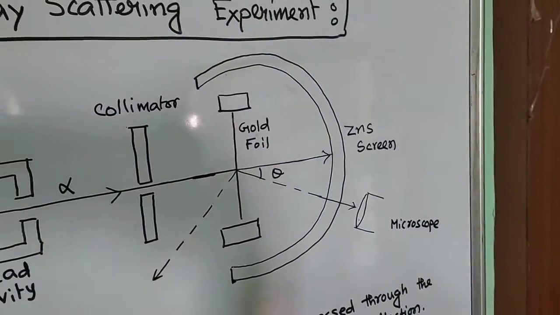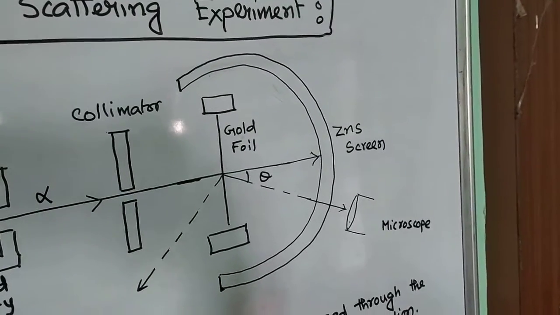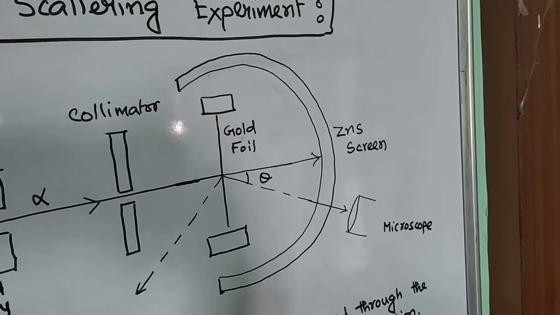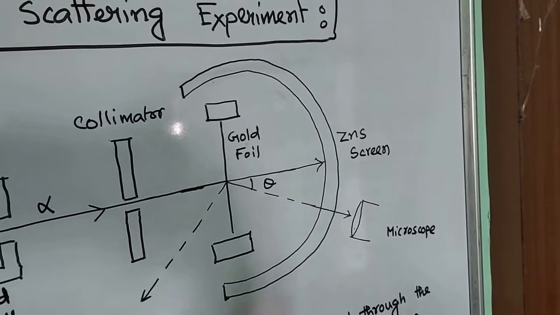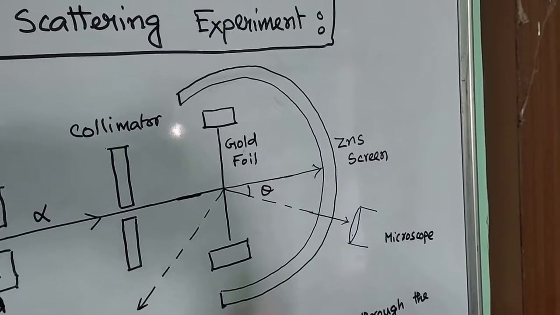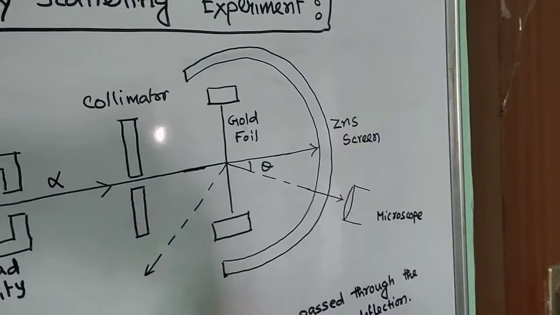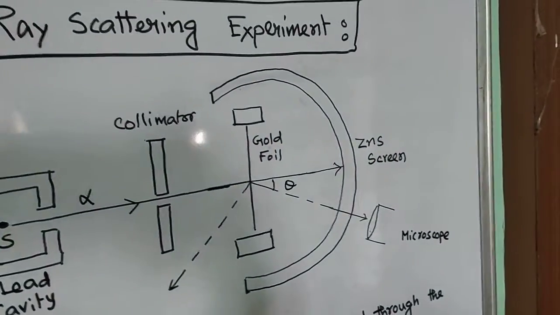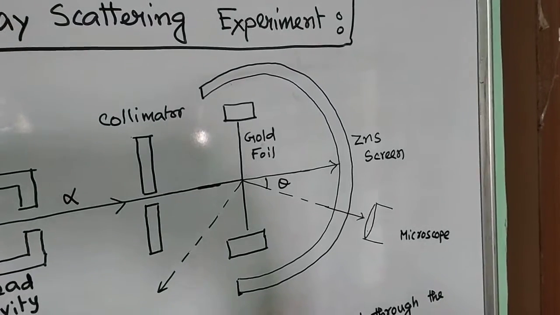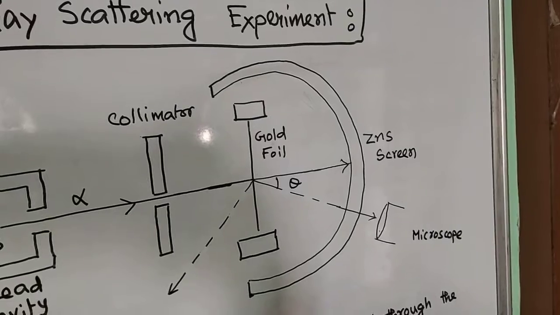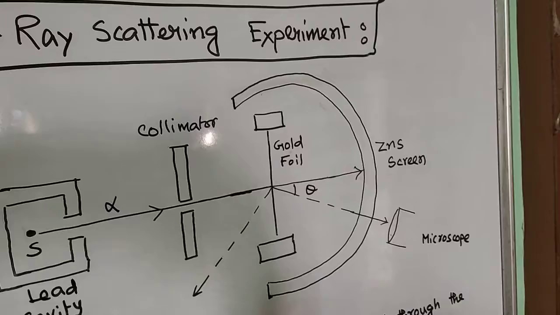When the alpha particle strikes this ZnS screen, some light comes out, and from that we can assume that an alpha particle has struck. This is a fluorescent material, zinc sulfide basically. So when some disturbance strikes, some amount of light emerges, and from the emergence of the light you can assume that some disturbance is happening on the surface.